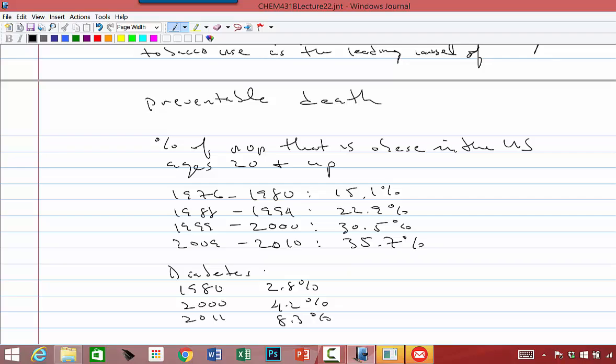Any other reasons why this epidemic is here besides physical activity, and change of diet, which is causing microbiome changes? Anything else? What about this concept of the lack of good foods in certain neighborhoods, right?